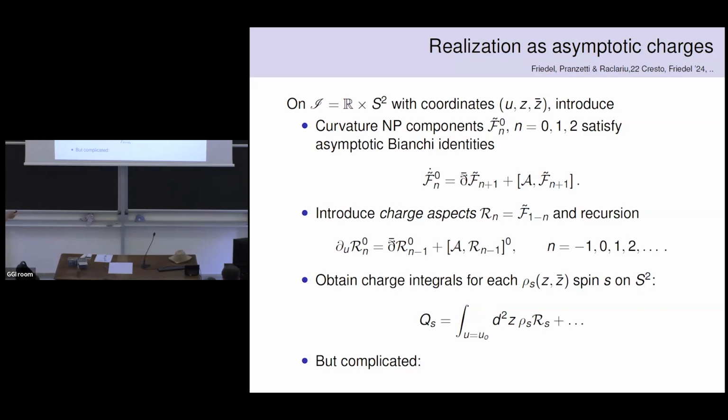And then what they managed to do was to show that you could realize the S algebra by introducing some rhos here. The rhos will have spin s, and the R's have the appropriate weight to be integrated against such things.